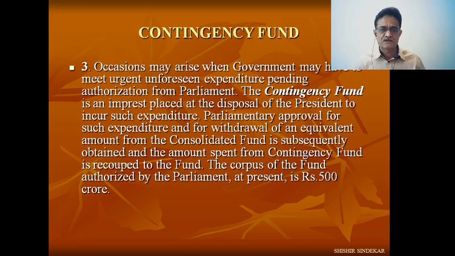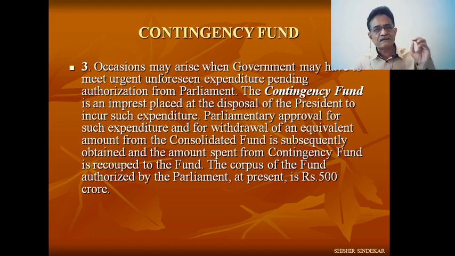Second is the contingency fund. Again, we have observed different natural calamities or disasters for which the government will have to spend. So occasions may arise, it may be COVID, Corona, or cyclones also, when the government may have to meet urgent, unforeseen expenditures.